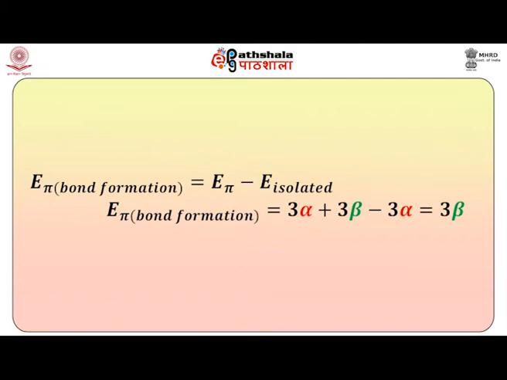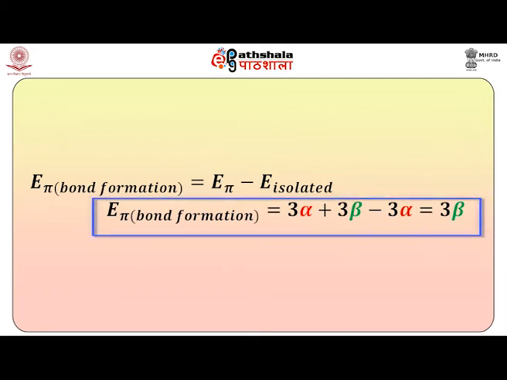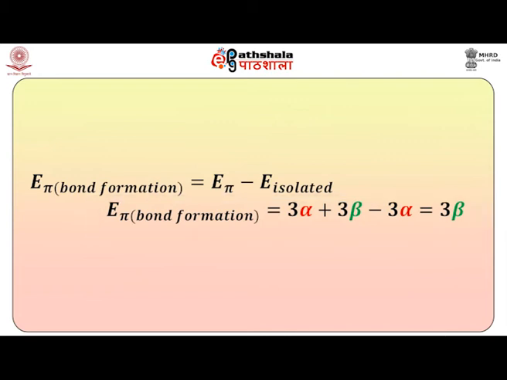Therefore, the corresponding value of the pi bond formation energy becomes 3 alpha plus 3 beta minus 3 alpha, and that comes out to be equal to 3 beta. And therefore, one can say that the pi bond formation energy of cyclopropenyl radical is 3 beta.